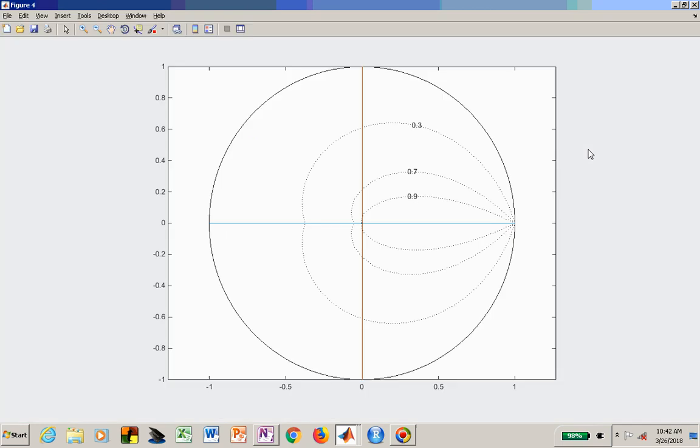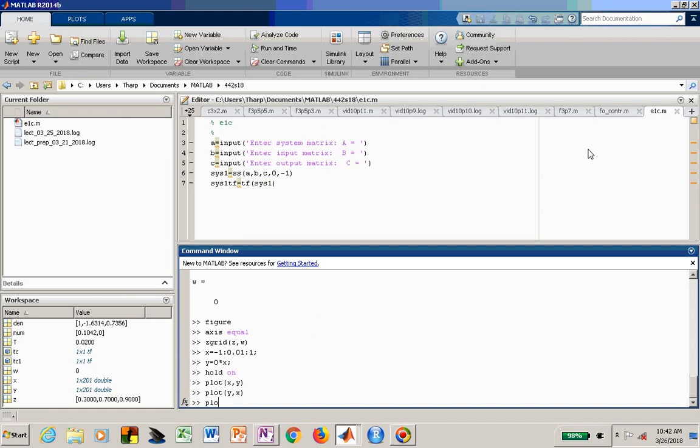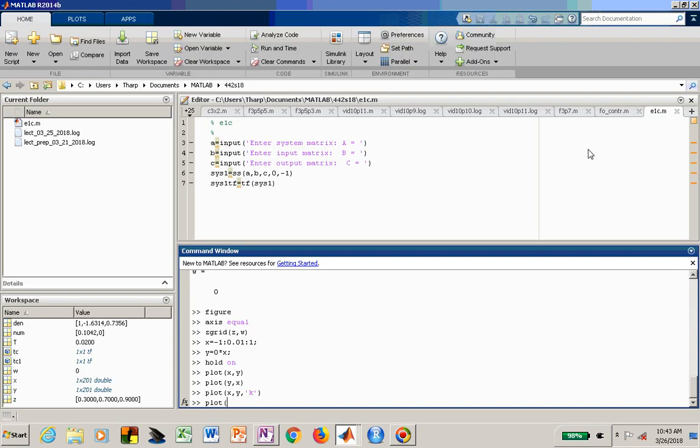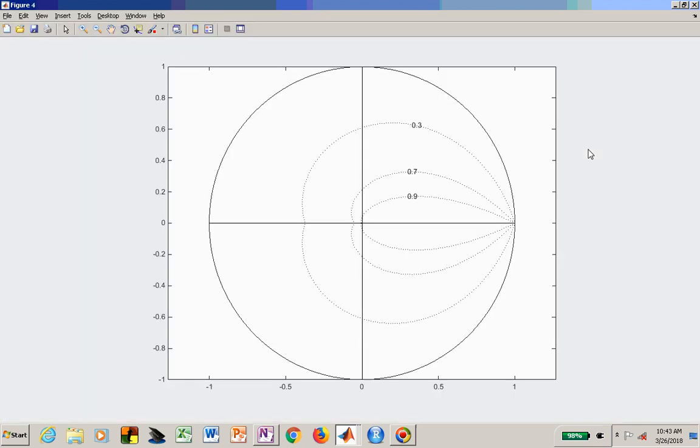So now I should have a vertical line. And now maybe you don't like the blue and the red. You can actually tell MATLAB to pick a different color. So let's now say x, y. This is the horizontal line. Let's make it black, which is k. And that now looks good. Let's now plot y comma x black. And now maybe we can see that we like that.